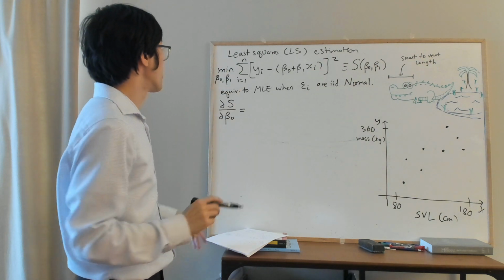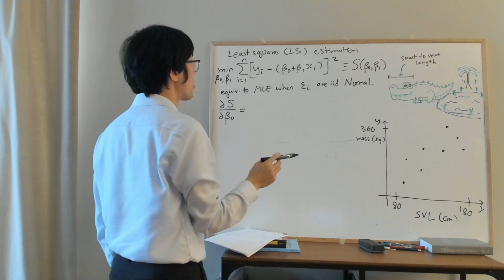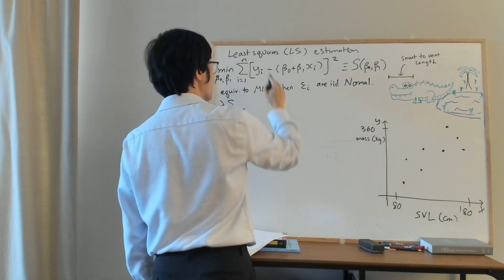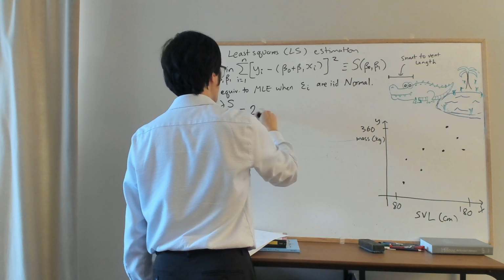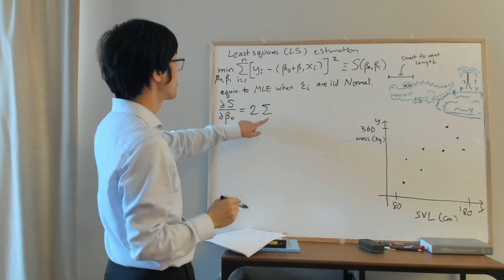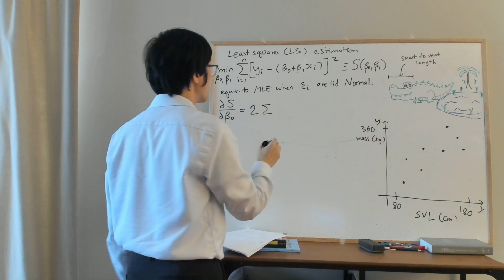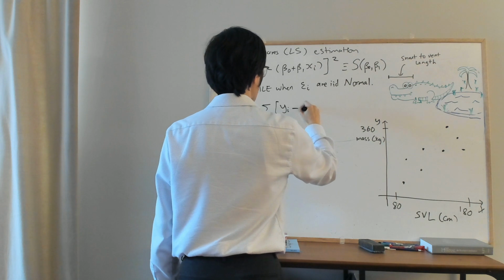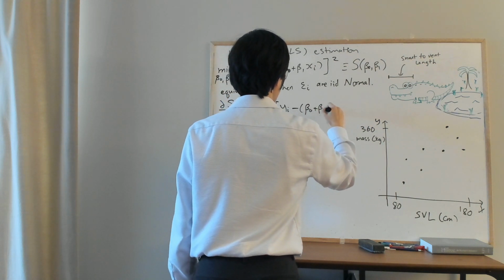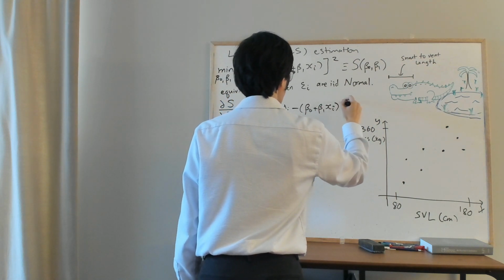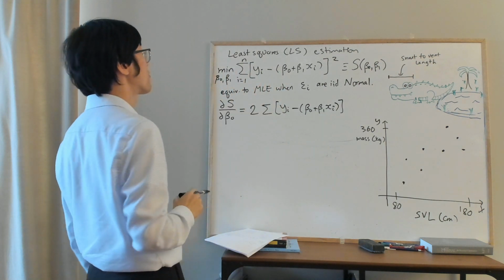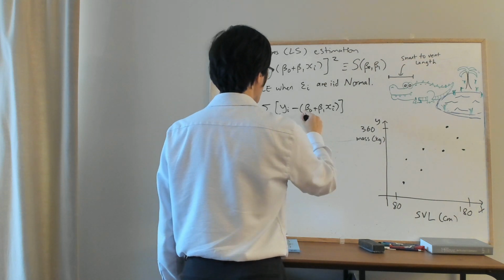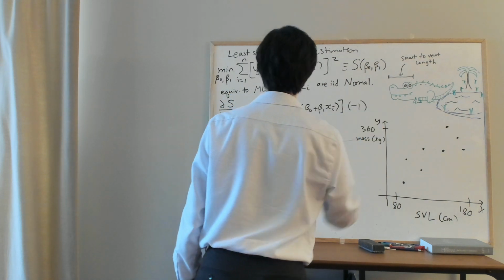Okay, so we do our calculus, apply the chain rule to this. So we'll do 2, and here it's clear that the summation is from 1 to n, so I'm going to drop the index of the summation. Inside we have yi minus (beta 0 plus beta 1 xi), and take the derivative of the inside. So that's just going to be minus 1.